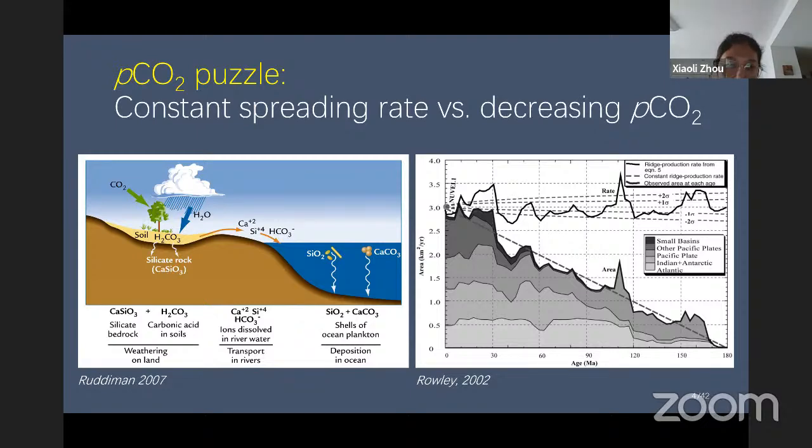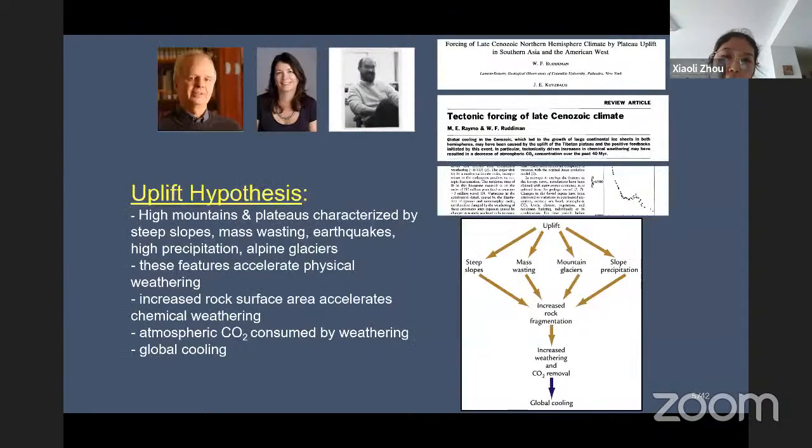So how come when the source of CO2 was relatively constant, the concentration of it in the atmosphere was decreasing? There have been two major hypotheses to explain this. One of them is the uplift hypothesis, which was raised by Maureen Raymo, William Ruddiman, and Philip Froelich in the late 80s and 90s.